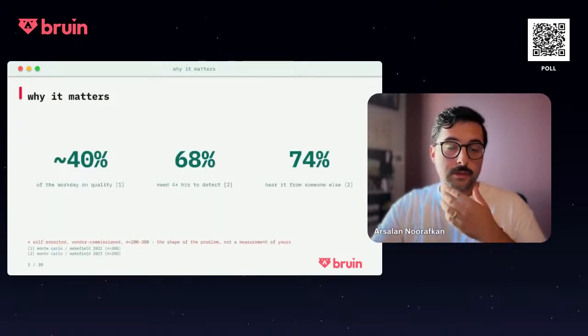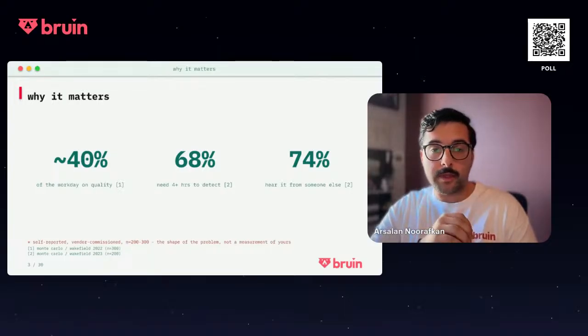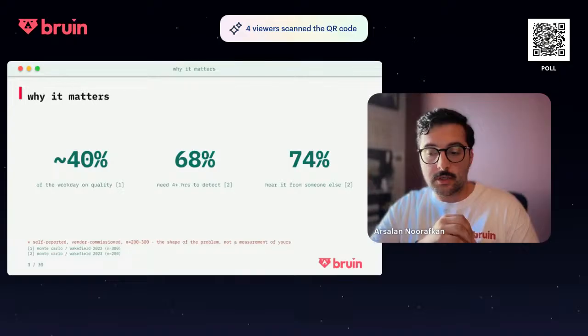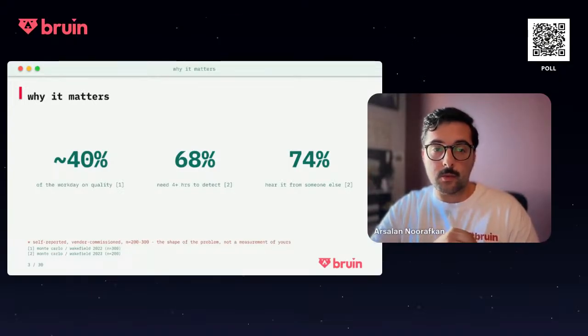All right, so taking a look at the problem here: most data engineers and analytics engineers are spending a lot of time every day, every week on data failures. A survey done around 2-3 years ago showed that 40% of the workday is spent on quality issues.